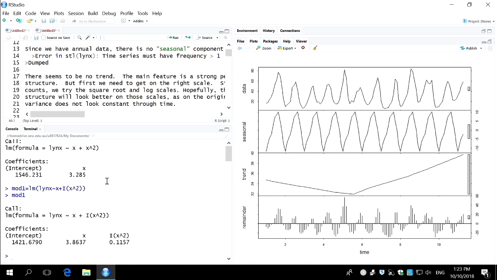Okay. So, what did I do there? Sometimes when you fit a square term, it actually requires you to calculate the squares first. That's what I does in R. So I(x^2) actually calculates them first before it puts them in the model. Okay?